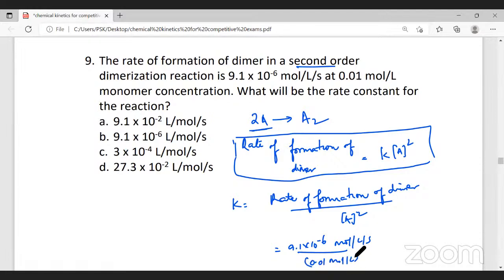On simplifying, we will get the answer to be 9.1 into 10 to the power minus 2 liter per mole per second. It's simple mathematics; you simplify and you will get 9.1 into 10 to the power minus 2 liter per mole per second.